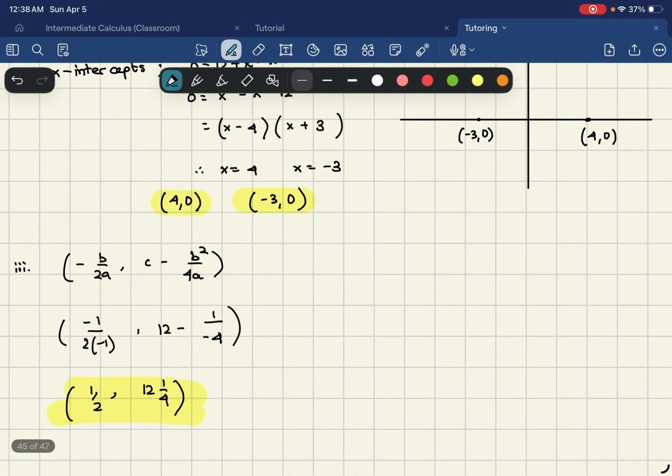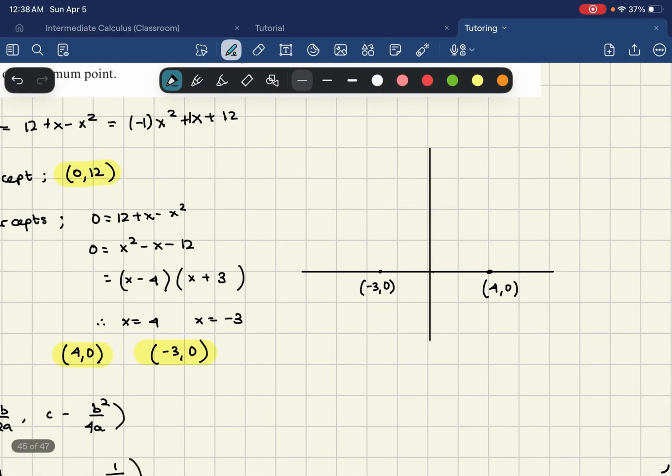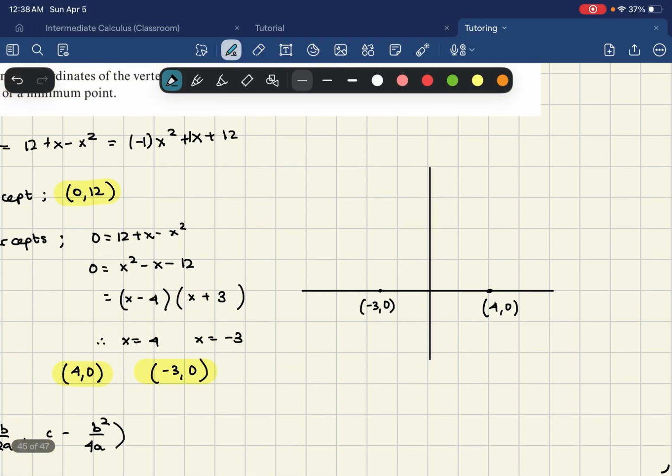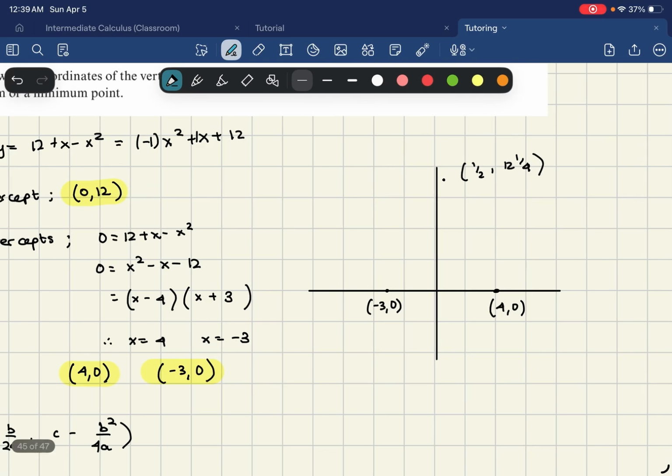And then your vertex is at half comma 12 and 1 over 4, somewhere over here. That is your maximum point. Your graph is concave down, and your y-intercept is at 0 comma 12. So let's say 0 comma 12 is somewhere here, and then you just want to join your points, right?